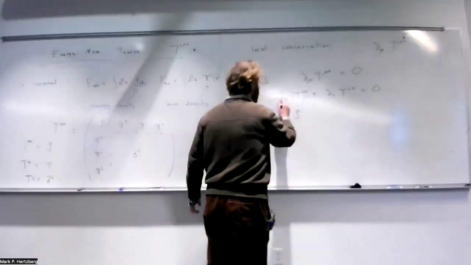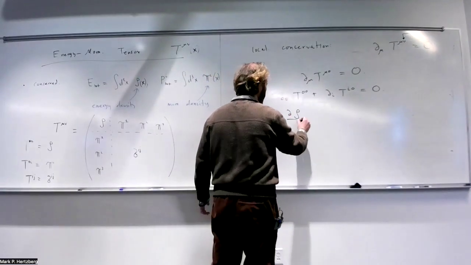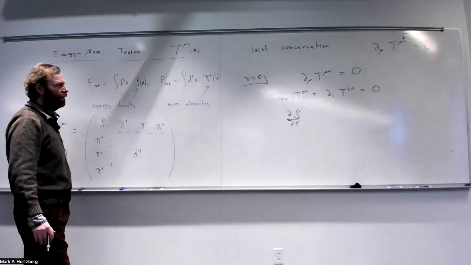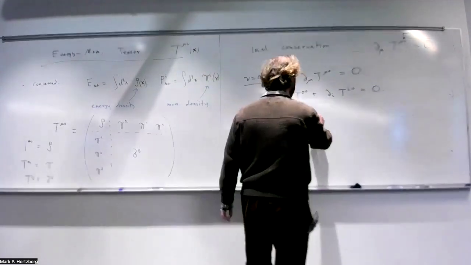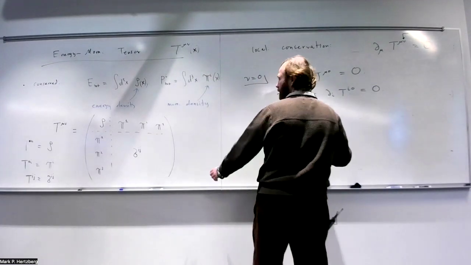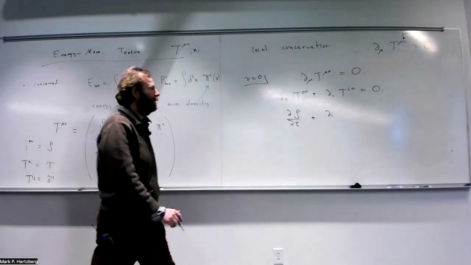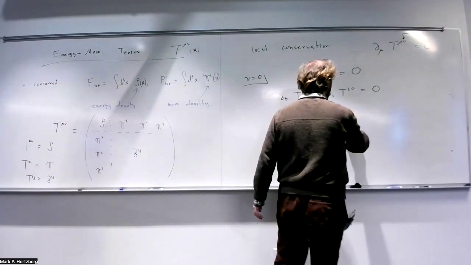This is rho, and there's a dt. I can write that dt or d rho dt if we wish to make it really clear that it just means a time derivative. And then I have di Ti0, which are these spatial components. That I called pi i. That's the momentum density.